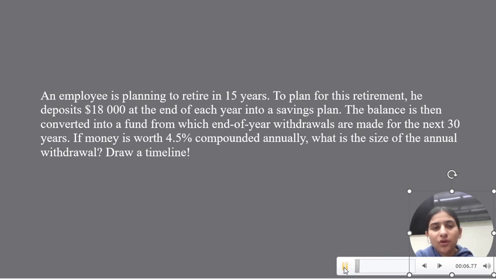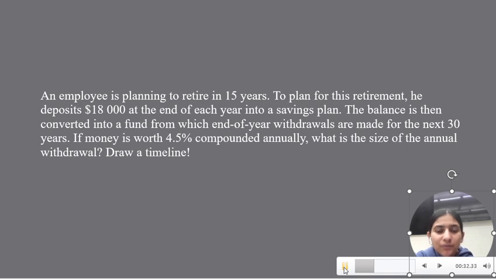Today I will go through a retirement planning problem that involves calculating the future value of annual deposits as well as determining the annual withdrawals needed to deplete that fund over time. Let's say we have an employee who is planning for retirement.